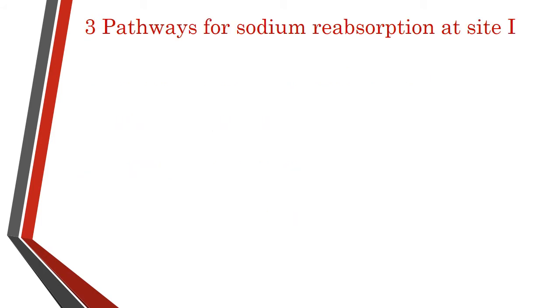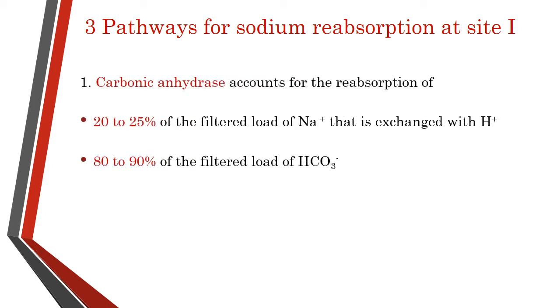There are 3 pathways for sodium reabsorption at site 1. The first pathway involves carbonic anhydrase. Carbonic anhydrase is responsible for the reabsorption of 20 to 25% of the filtered load of sodium. This sodium is exchanged with a proton at site 1 under the influence of carbonic anhydrase.